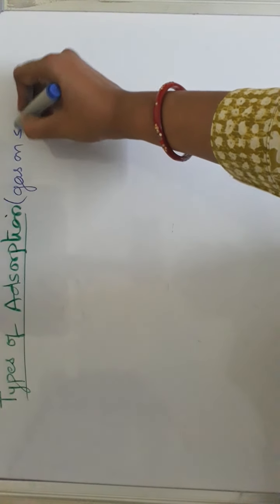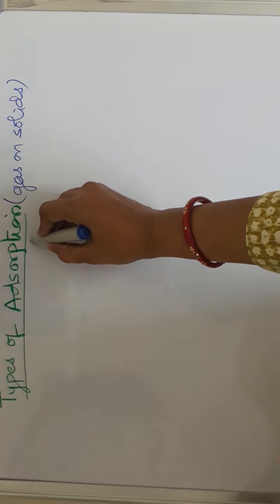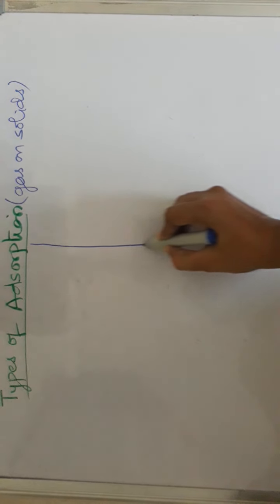Today we are going to study about types of adsorption. When we talk about adsorption of gas on solids, adsorption is mainly of two types, that is physisorption and chemisorption.